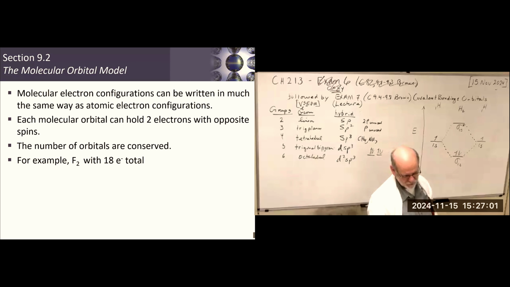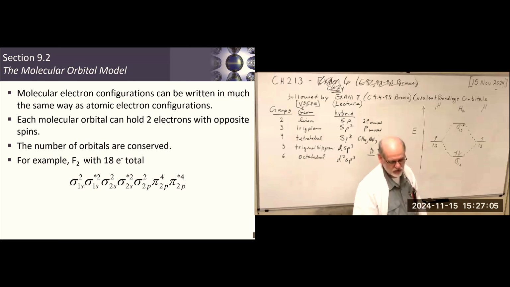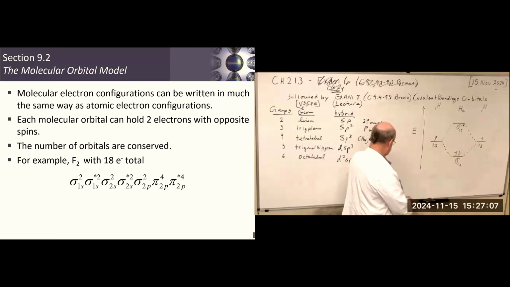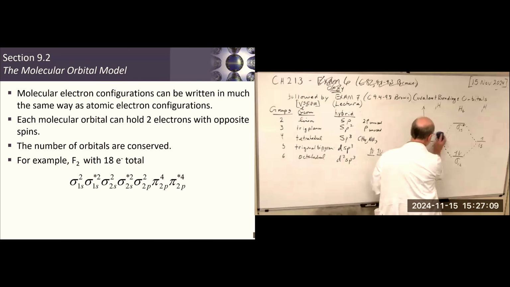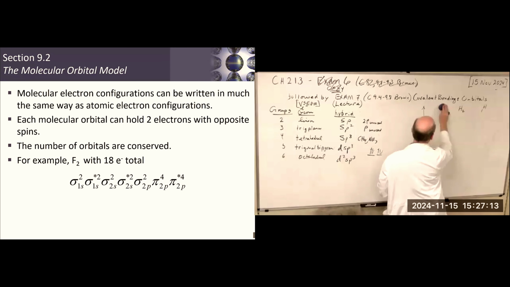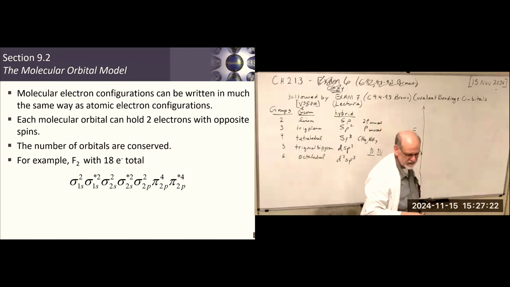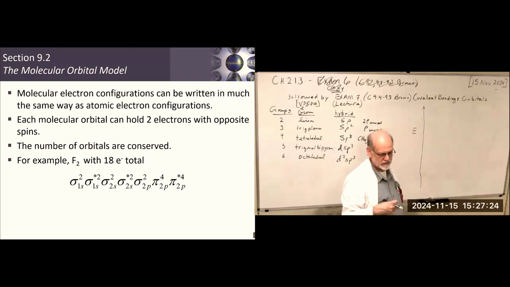All right. Fluorine, for example. Let's see. This is a shorthand way of showing fluorine. So let's draw fluorine in our energy diagram. See if I can squeeze that much information in here. Normally what we do is we only, for convenience, put in only the valence shells.